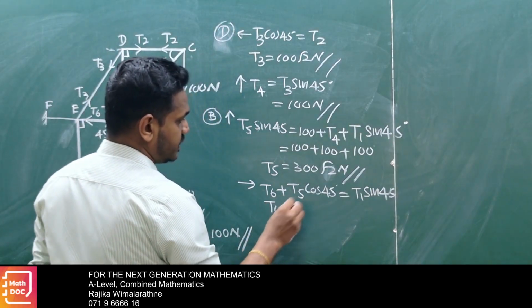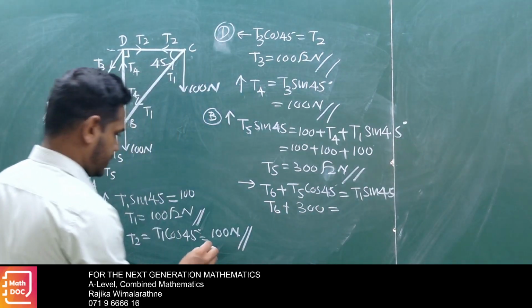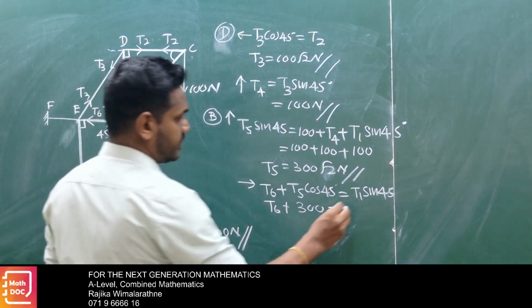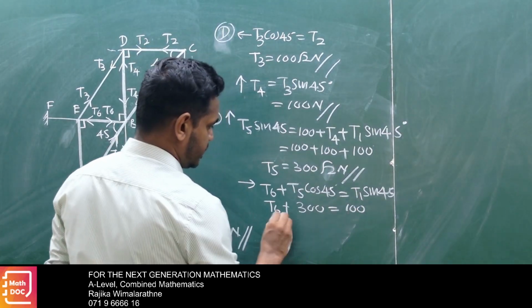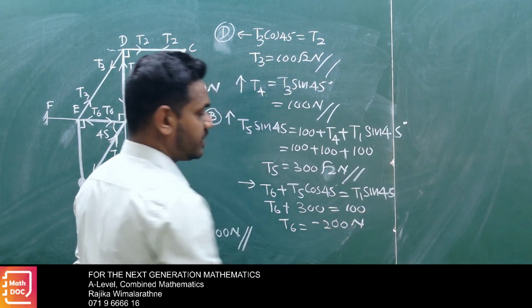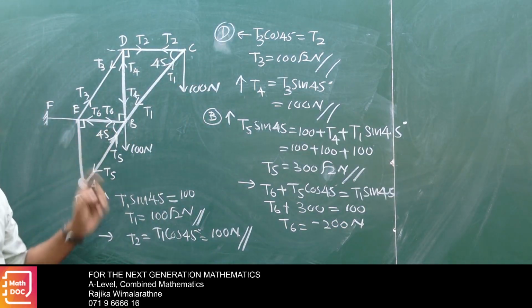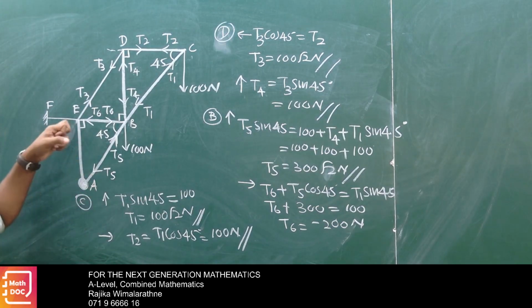T6, 300, T1, 100. So we got minus 200. Here minus means opposite direction. I have marked here thrust, but that is tension now. Okay. Thereafter you go to this vertex.